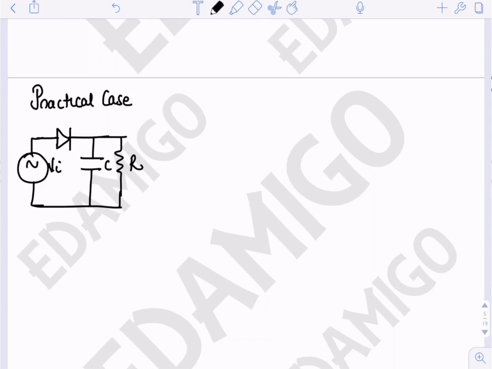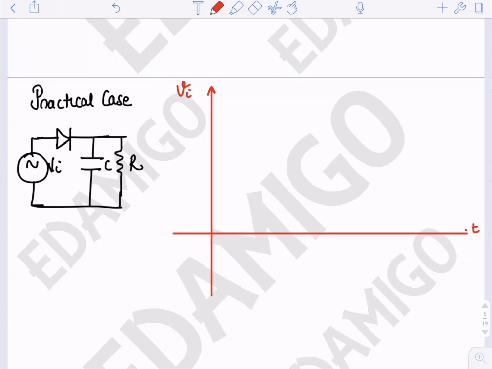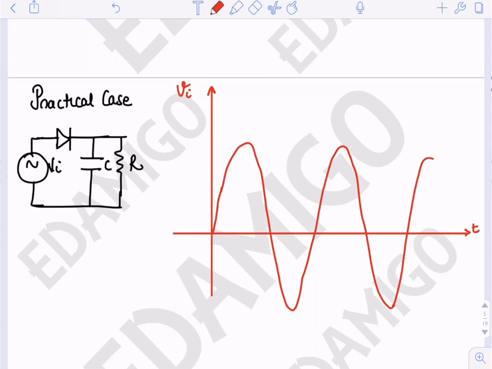Now if I draw the input Vi with time t, let us say the input is a sinusoidal wave. I'm just taking the input as a cos omega mt.